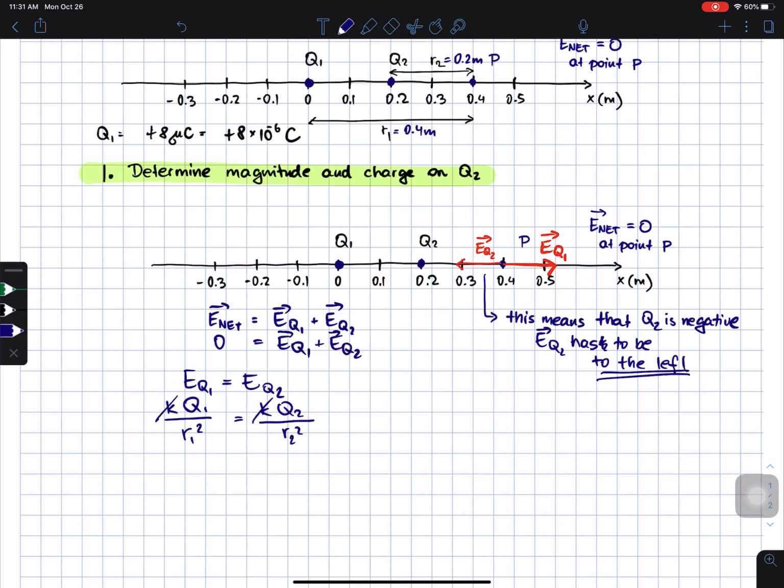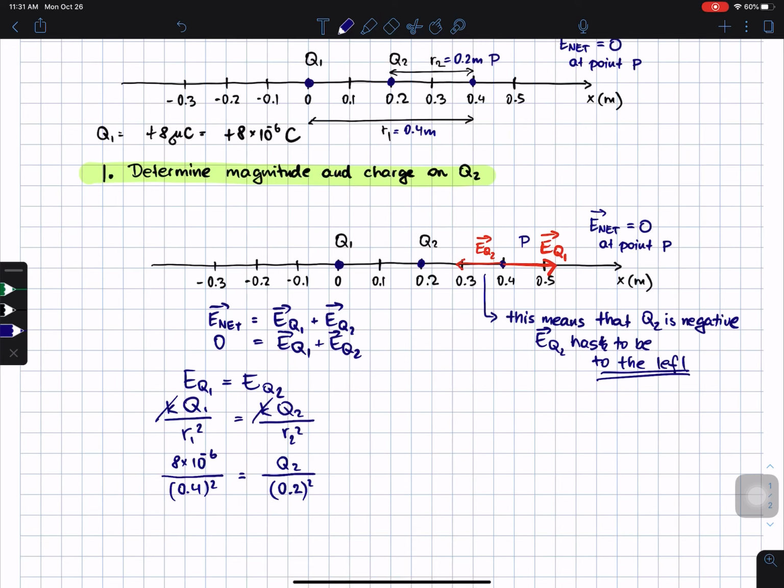In this case, I'm going to start calculating, and ideally I want to solve for Q2. So I know Q1 is 8 times 10 to the power of negative 6 divided by 0.4 squared, which is equal to Q2 divided by 0.2 squared.